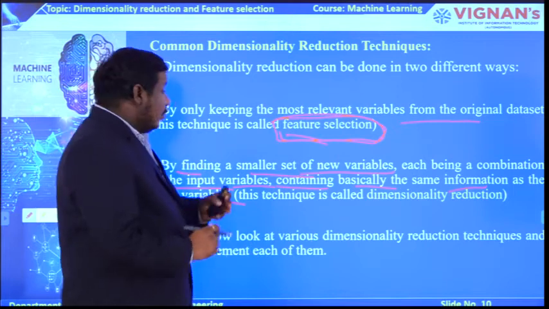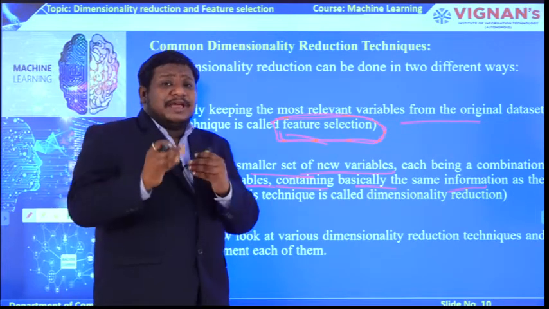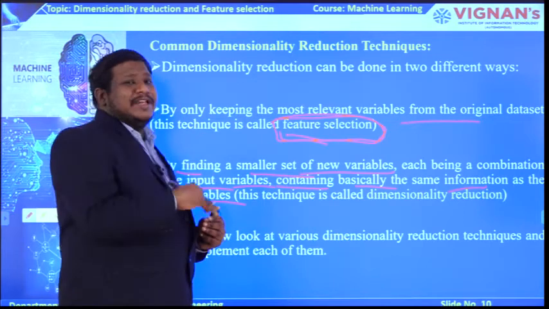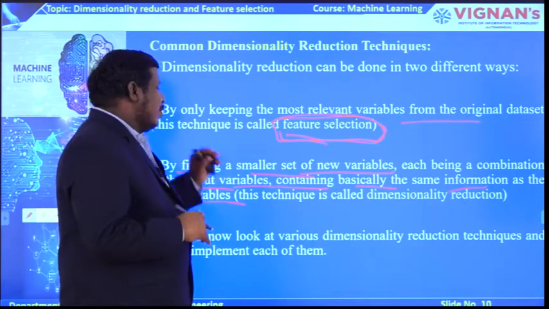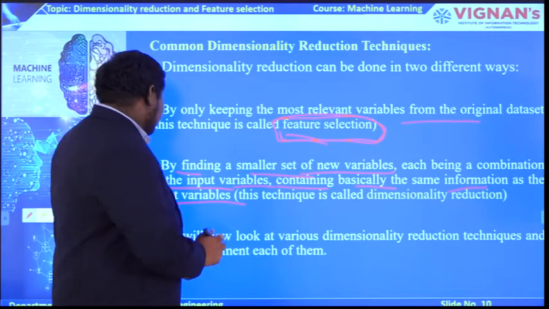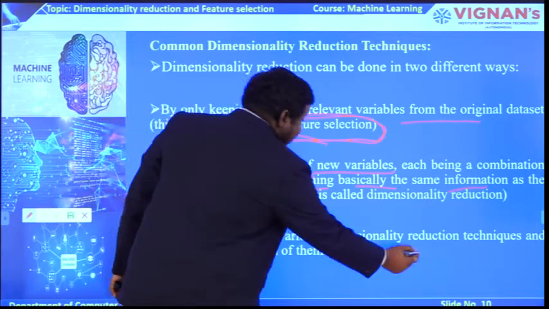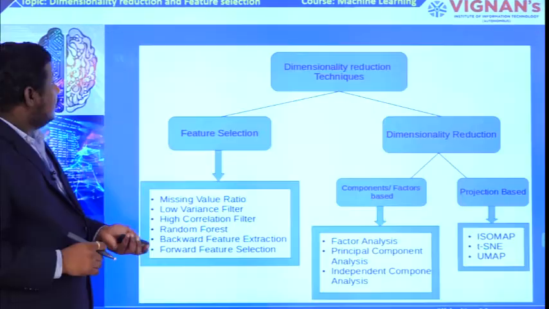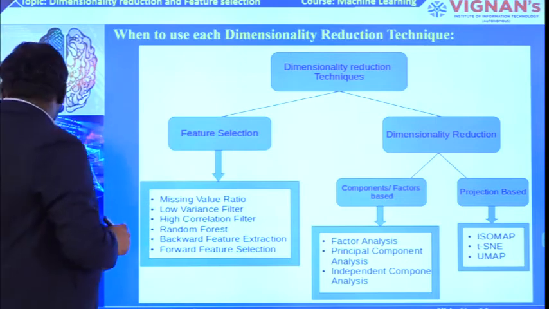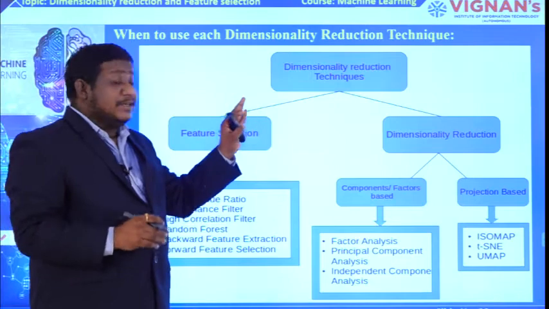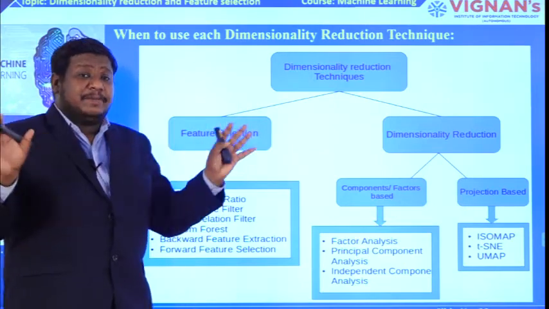So we identify the smaller set of variables that keep the information of the original data in a similar form. Such models are dimension reduction. We will now look at the various dimension reduction techniques and how to implement each of them, so you can understand dimensionality reduction clearly.